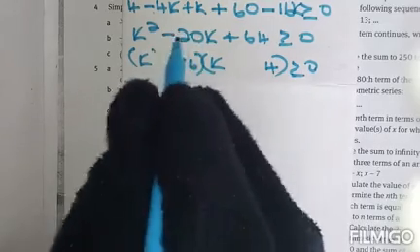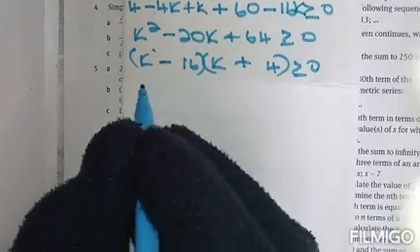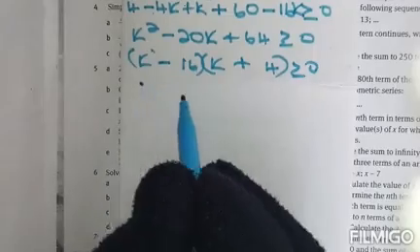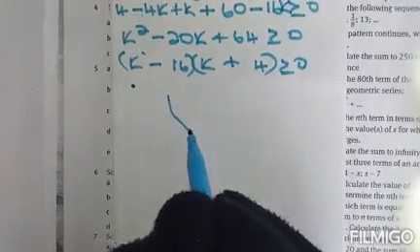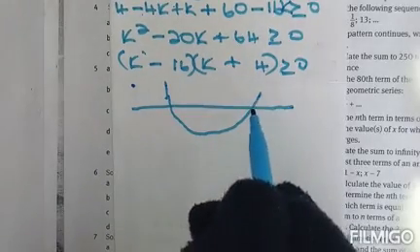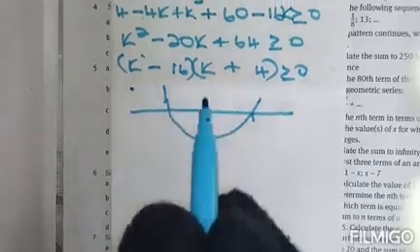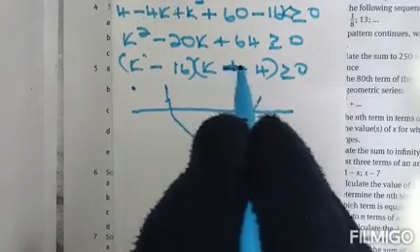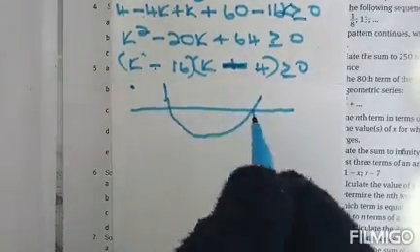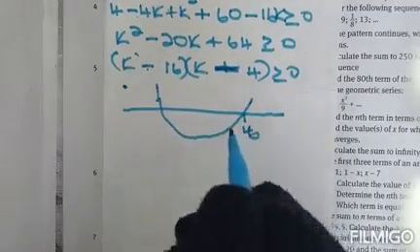Our middle term is negative, therefore we have minus 16 and minus 4, and the product is a positive 64. So here we have 16, and here we have 4.